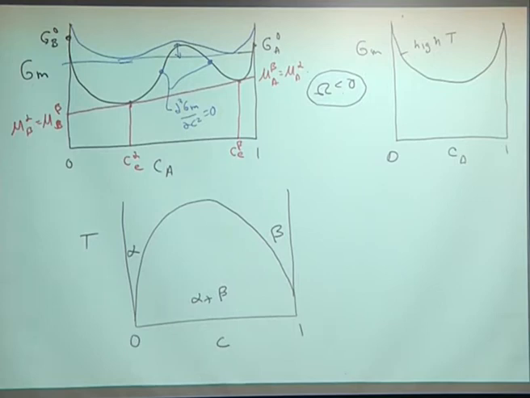So these spinodals, these second derivatives of the free energy with respect to composition, are very important because they give you the limits to metastability.